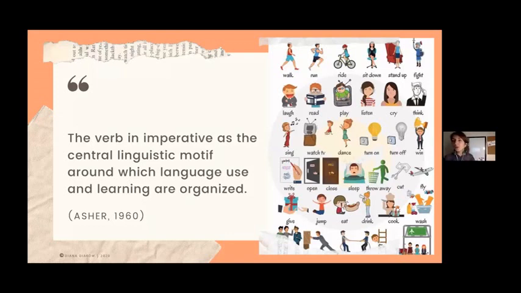But when you analyze the speech and the utterances that we produce on a daily basis, there are a lot of imperatives. And so imperatives allow us to understand what we are expected to do. And that's why in TPR, we start with imperatives. So we start introducing the verbs first, and of course, then you follow up also on nouns and adjectives, but the focus is really on the verbs.